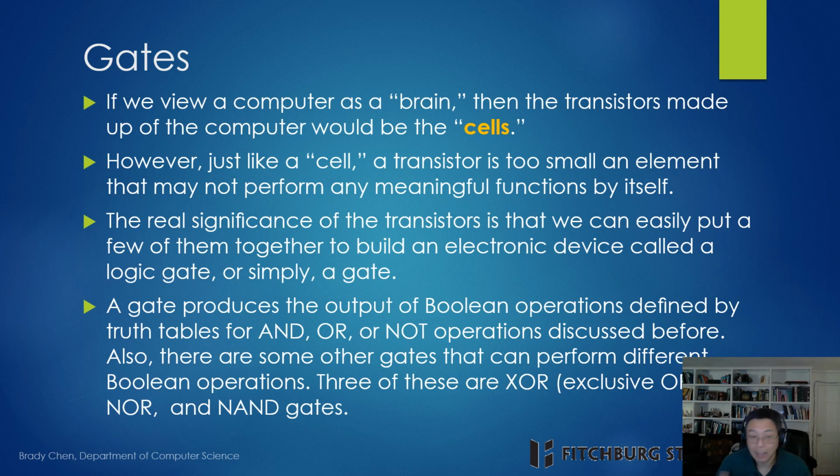So we have the AND gate, OR gate, NOT gate, exclusive OR gate, NOR gate, and NAND gate. We can introduce these six different types of gates, and we're also going to discuss how to build these gates from transistors.